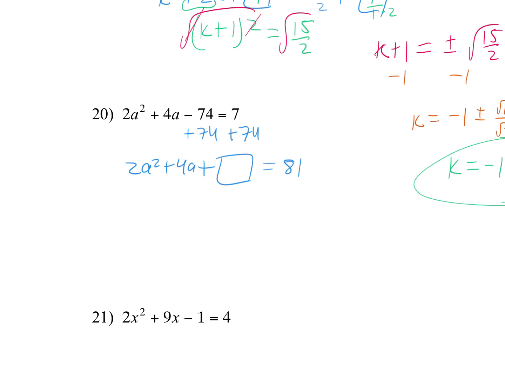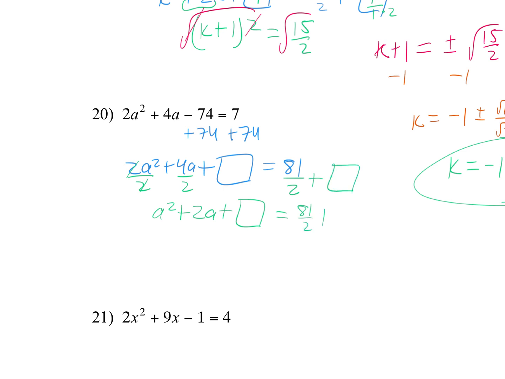All right, and then you want to get the 2 out of that a squared. So you want to divide everything by 2. To solve by completing the square, you do not want coefficients on your squared term. So doing this is going to get us a squared plus 2a, and then again, plus that blank space is going to equal 81 over 2.